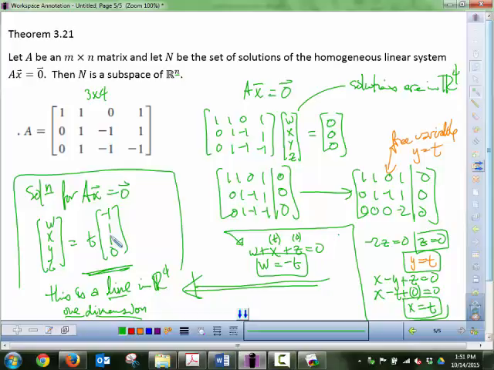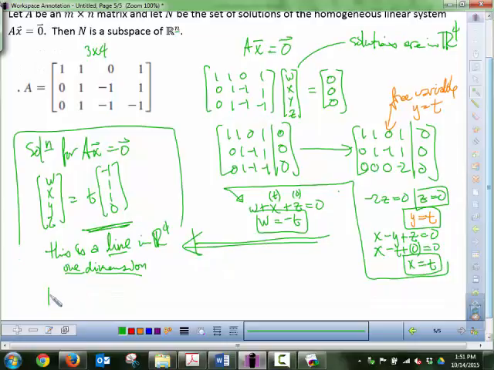And the other way you can think about this is as a one-dimensional subspace that's spanned by this negative 1, 1, 1, 0 vector.